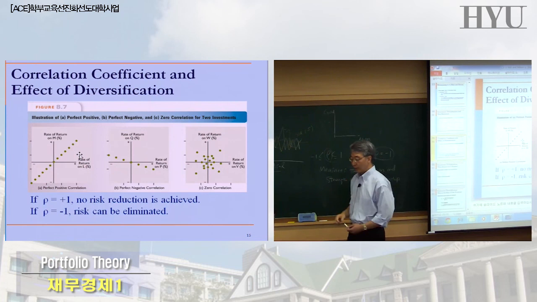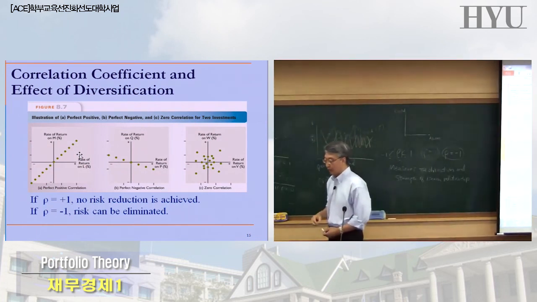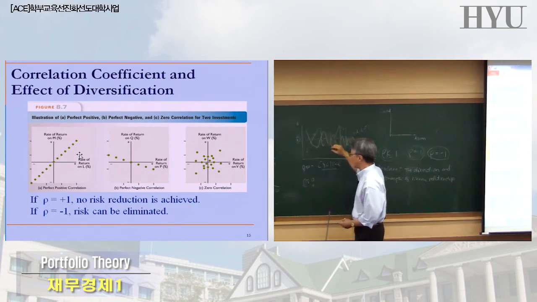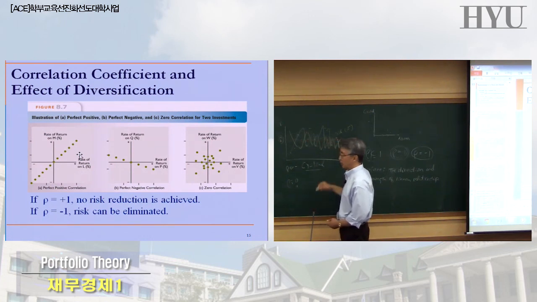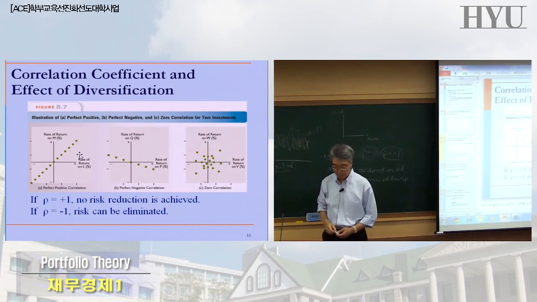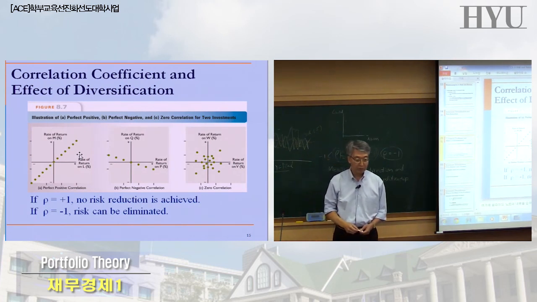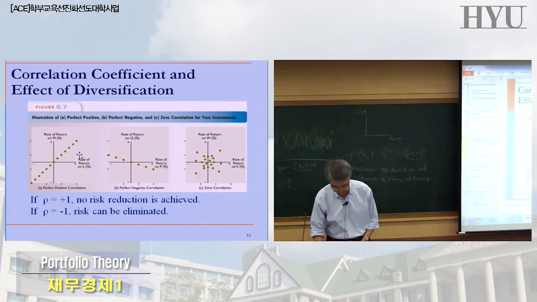If you can find two items with negative correlation, then you can reduce the risk, because when you add them up, they will cancel each other out, and we're going to have a pretty stable return. In other words, you can reduce the uncertainty and the variability, which means risk is low. We'll get to that in a few minutes.